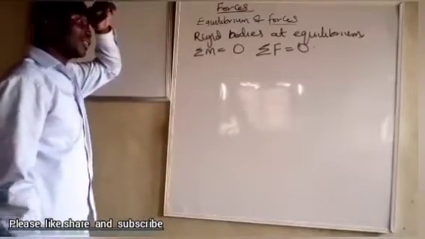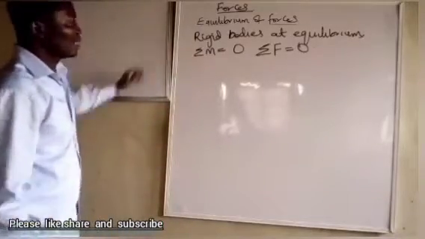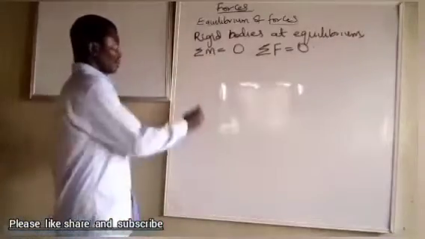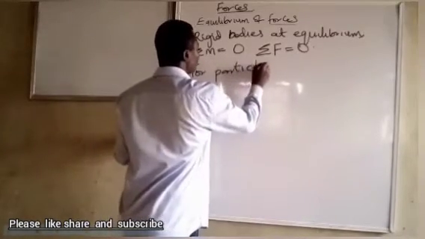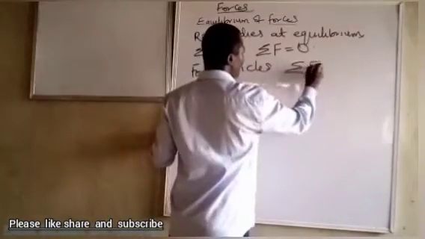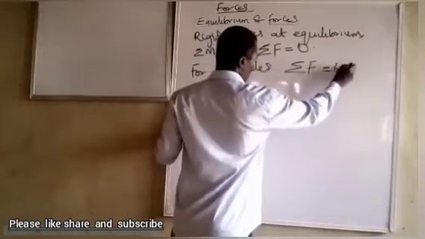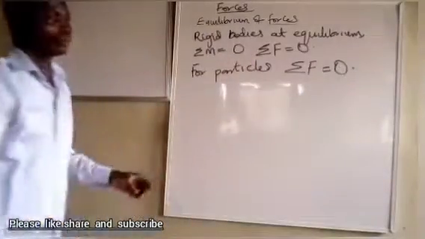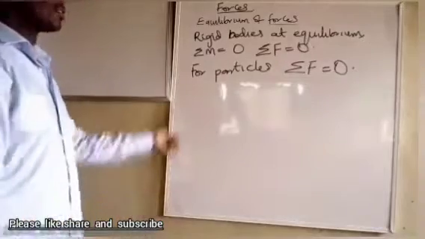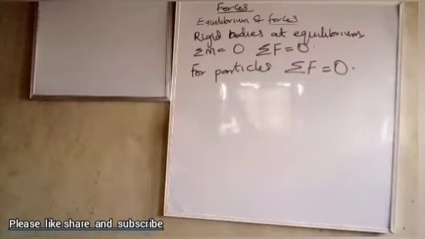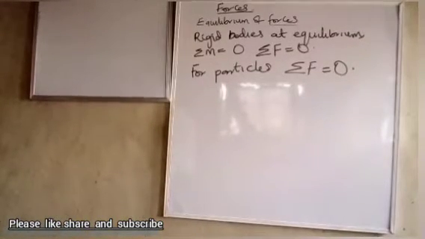That is for rigid bodies at equilibrium. But for a particle, we don't talk about moments. All we talk about is summation F in any direction being 0. That's what we talk about in particles. So we have got to the additional condition for rigid bodies to be at equilibrium.